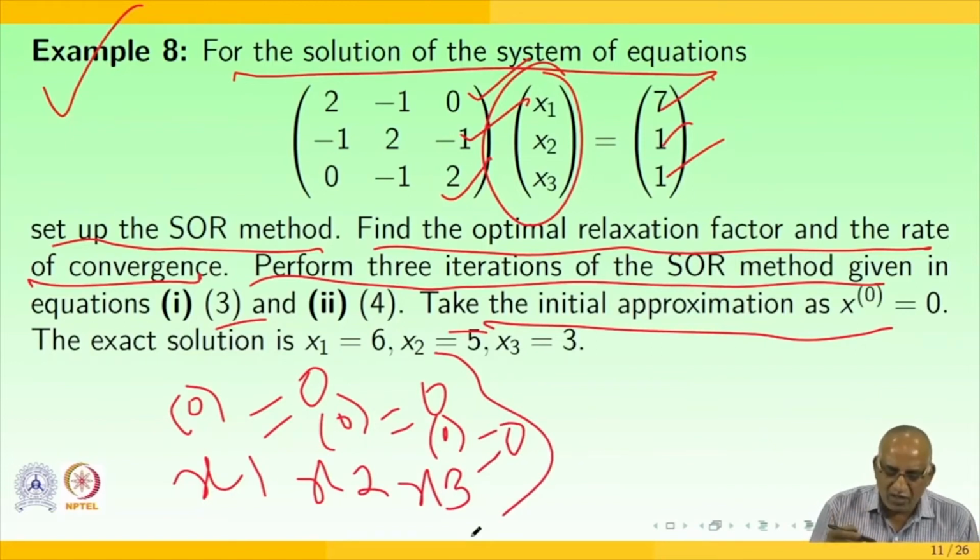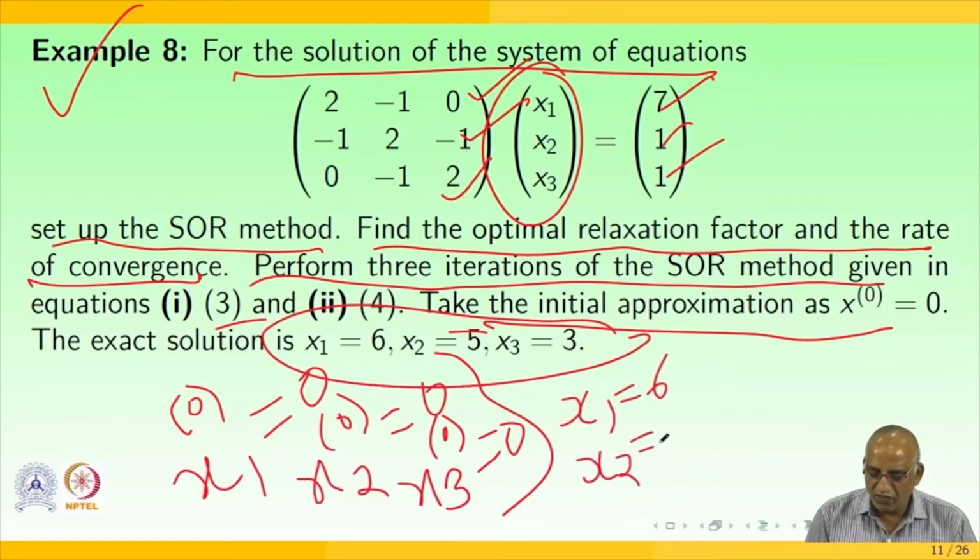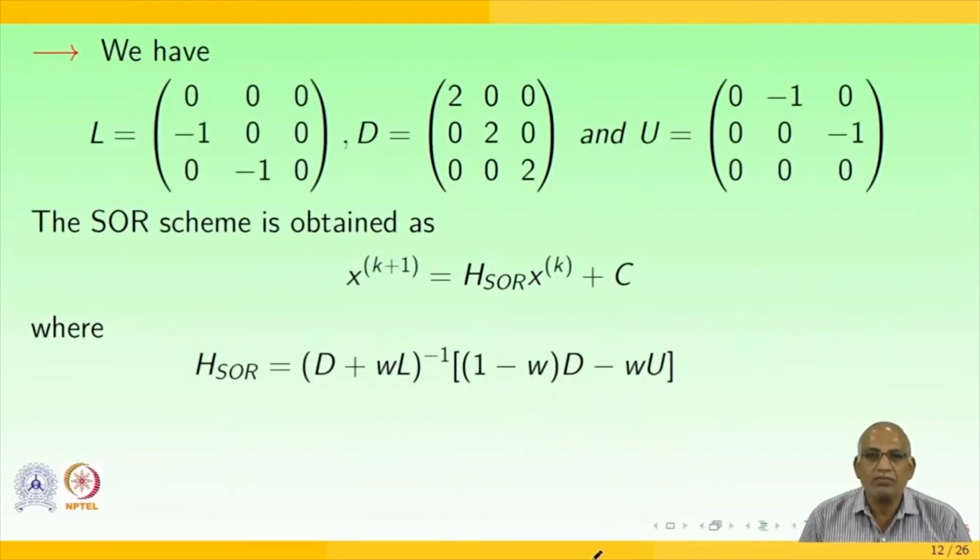So for the sake of brevity, we see the exact solution is x1 is equal to 6, x2 is equal to 5, x3 is equal to 3.